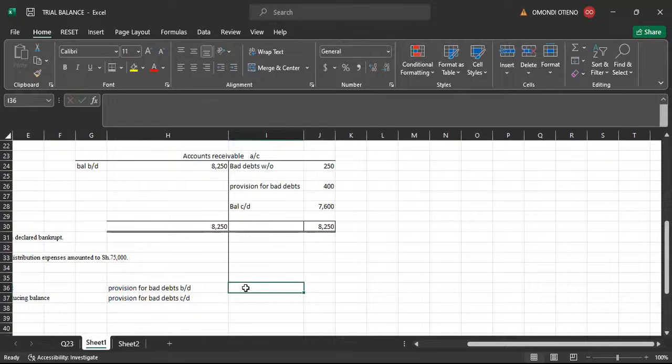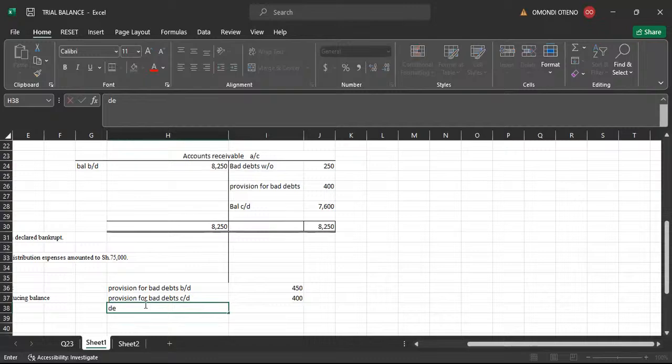So at the beginning, they provided 450. At the end, we are having 400. So what has happened? That is a decrease in provision.